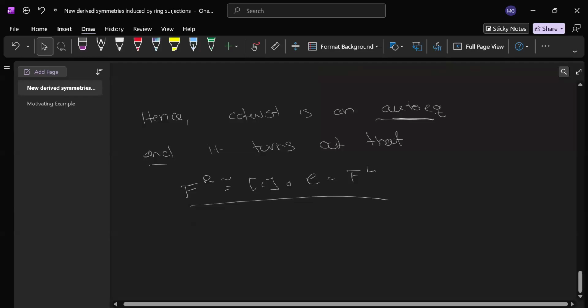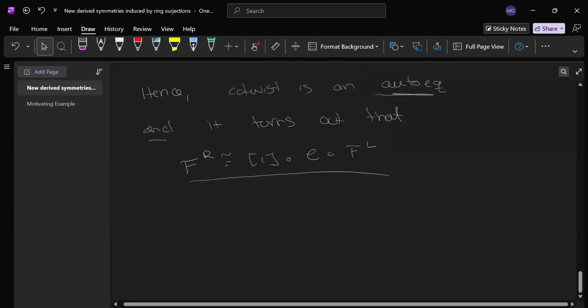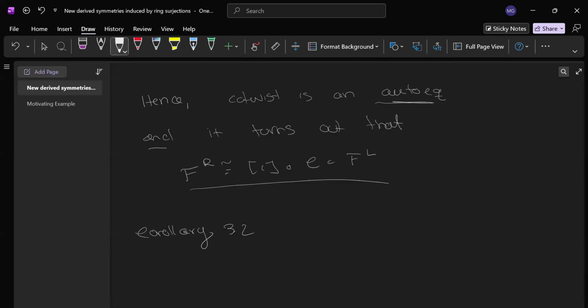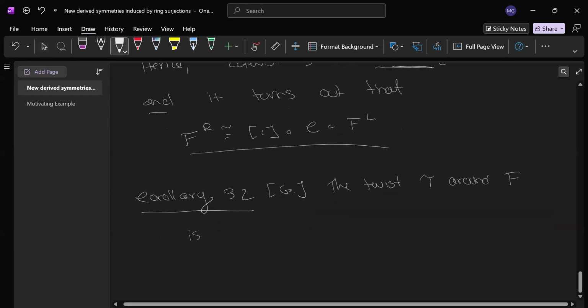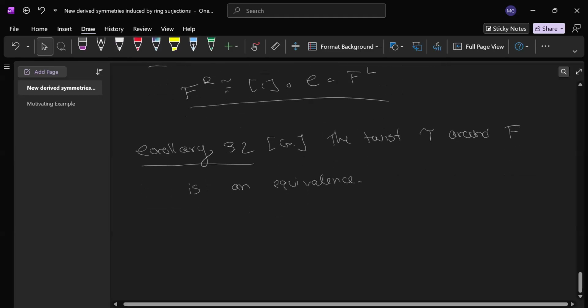They're the two assumptions that we needed in Addington's theorem to conclude that the twist around F is an equivalence. So as a corollary, the twist around F is an equivalence. Which is what we wanted to prove.